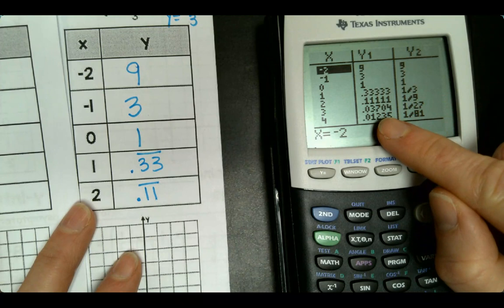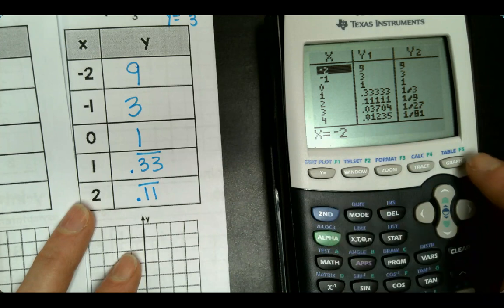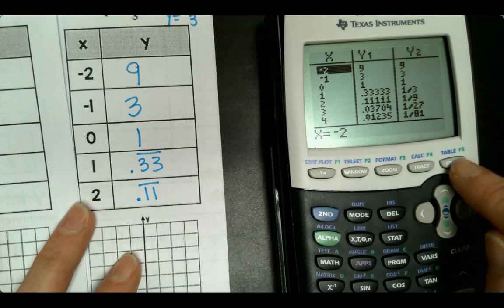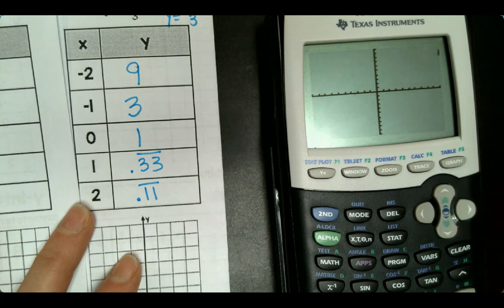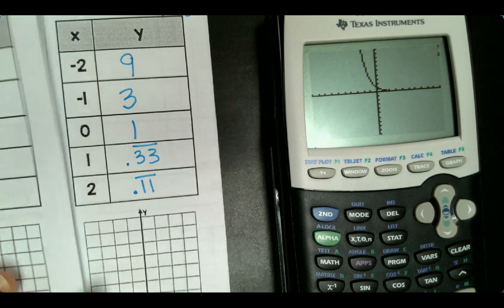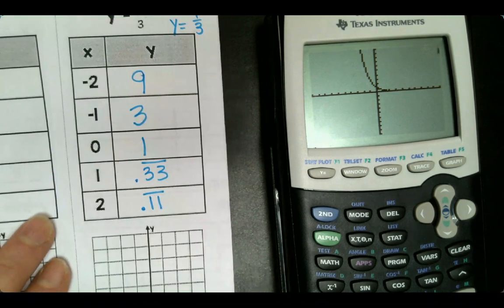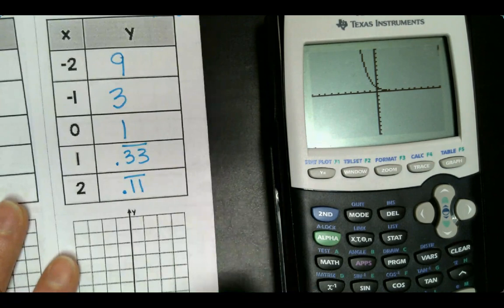So it's going to get closer and closer to 0 without ever crossing it. That's our asymptote. We can push graph to look at the graph too. So that's what it's going to look like. We're going to graph the points and then connect them to make a smooth curve. So -2.